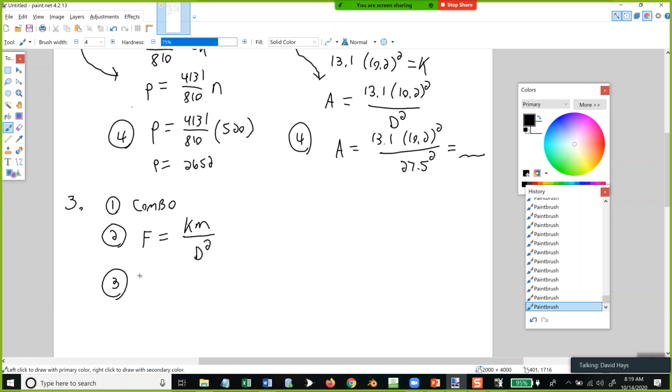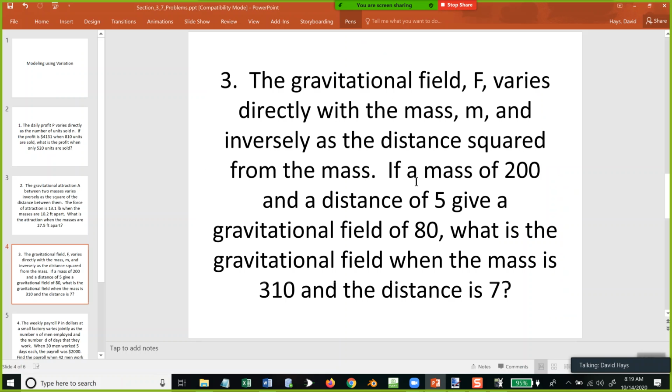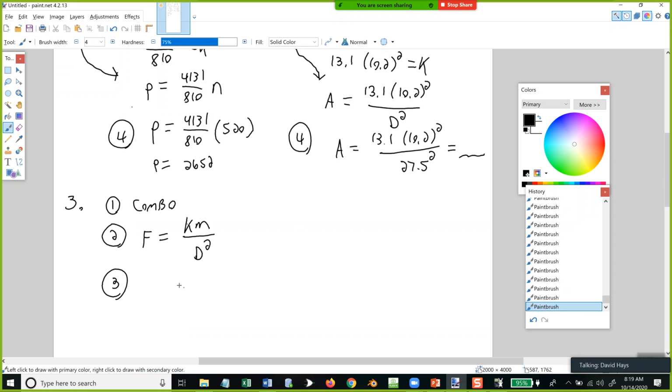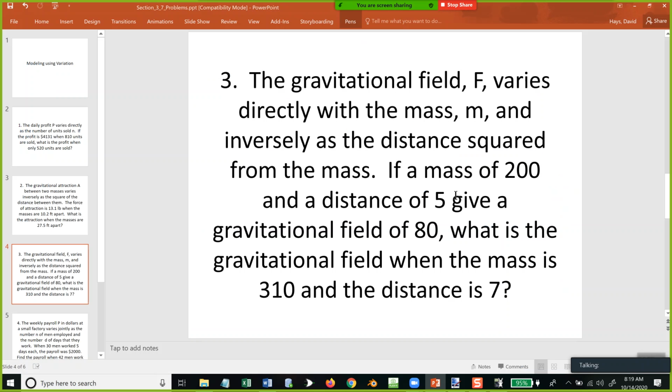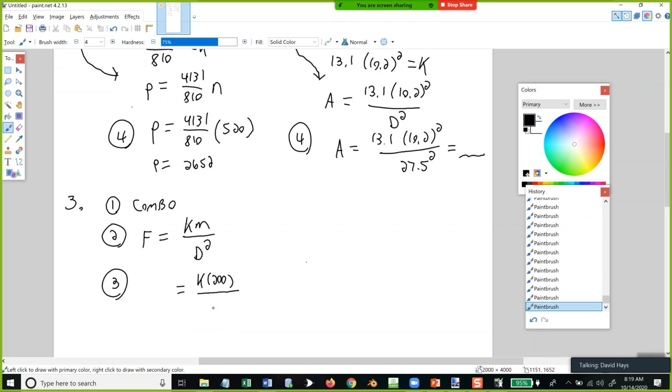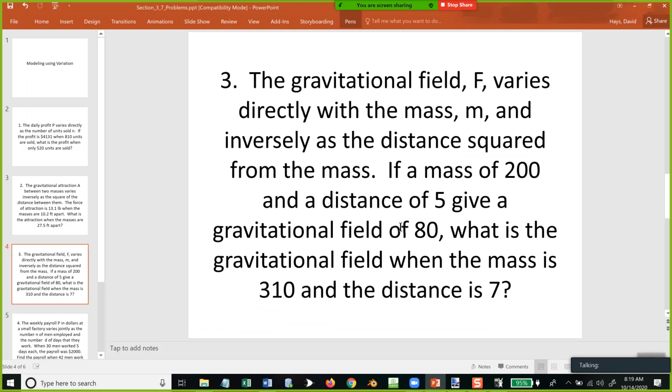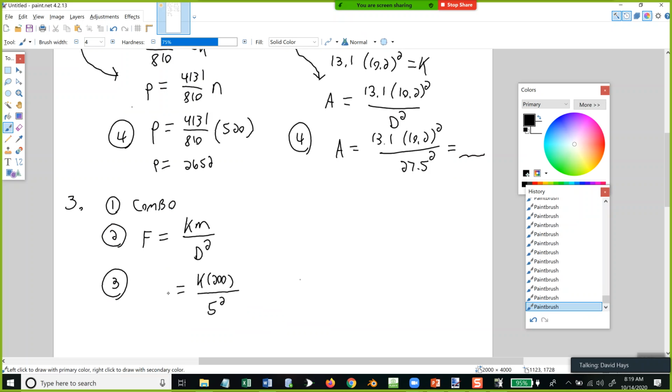Look for our one example. If a mass of 200, m is 200, and a distance of 5, so d is 5, give a gravitational field of 80.